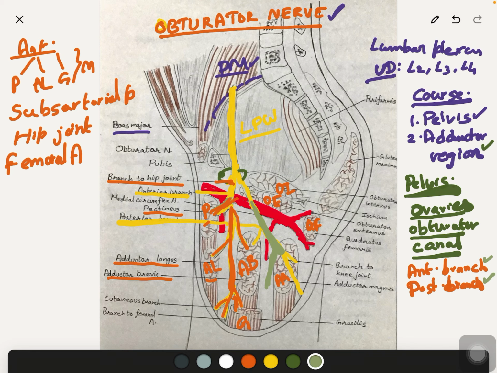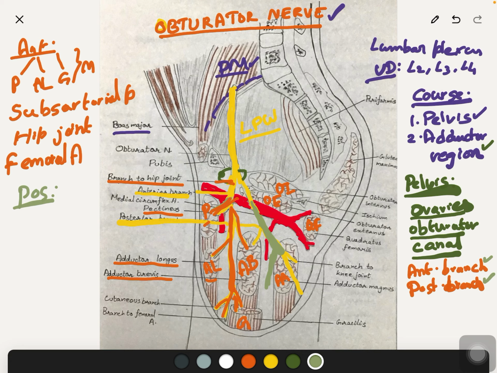Now we will see the posterior division: muscular branch, same cutaneous, then articular and the arterial branches. If you see this posterior branch, it pierces the obturator externus and enters.